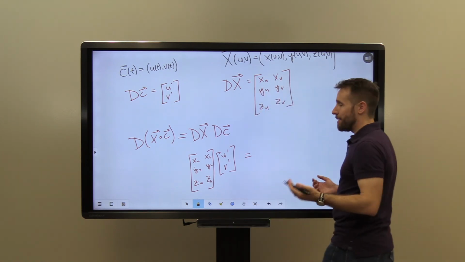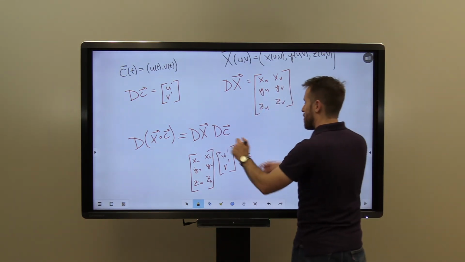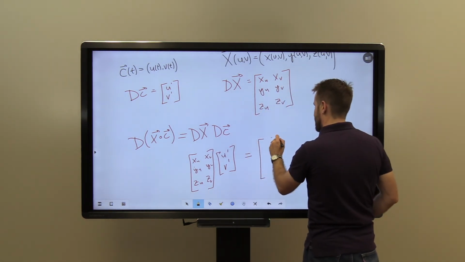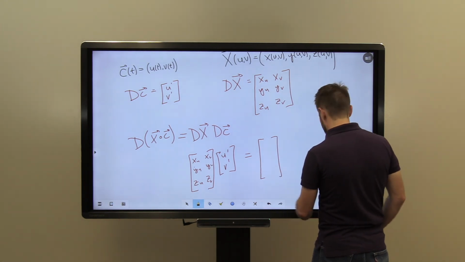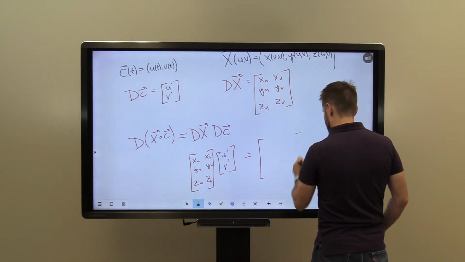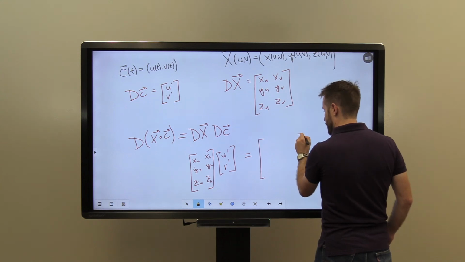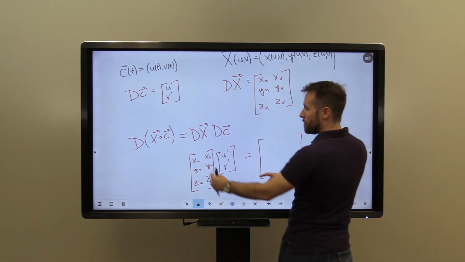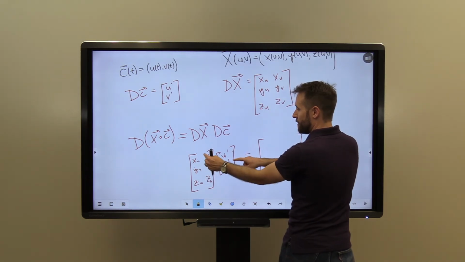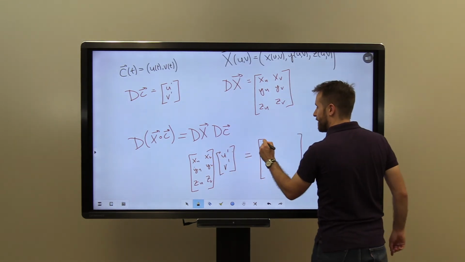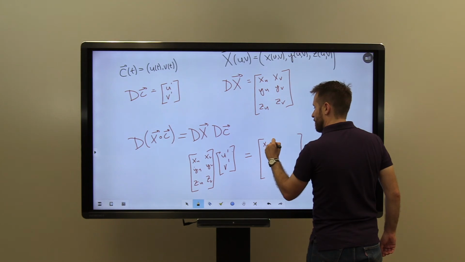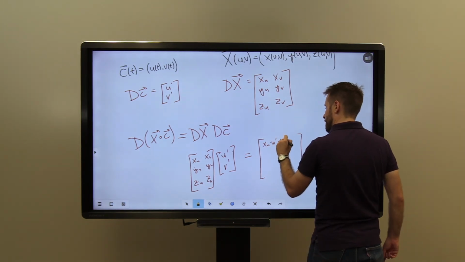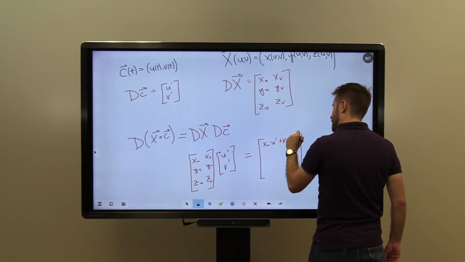And by matrix multiplication, what we will get is a 3×1 vector. Probably need a little more room than that. A 3×1 vector in which the top entry will be x sub u times u prime plus x sub v times v prime. Right?